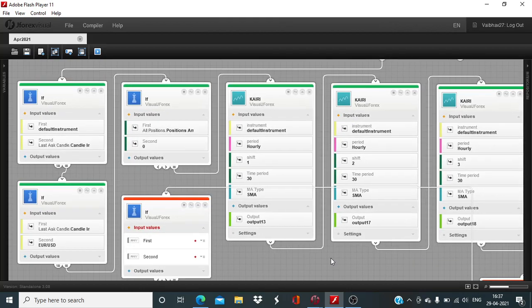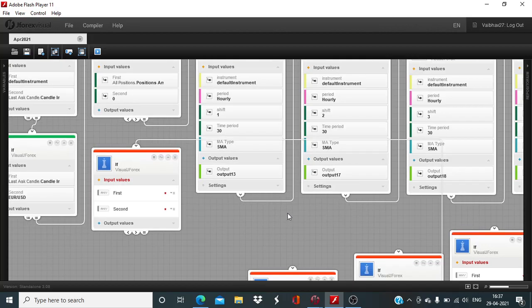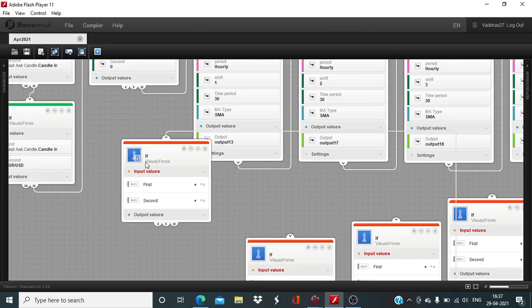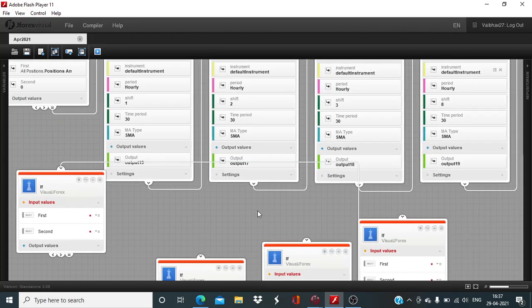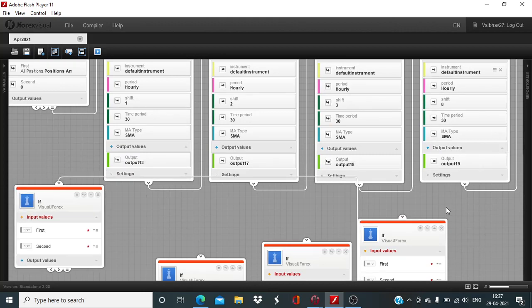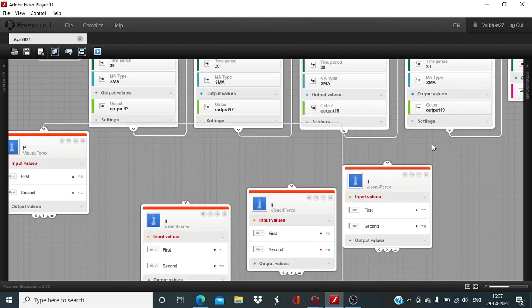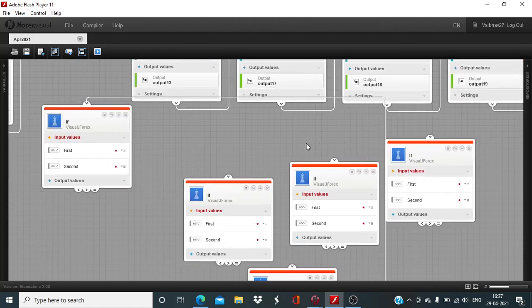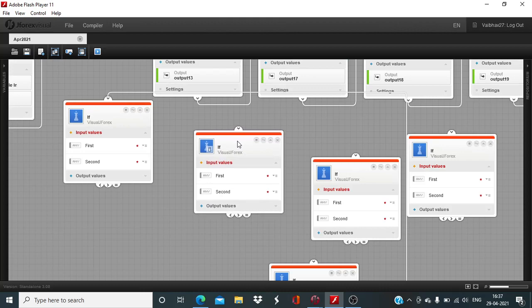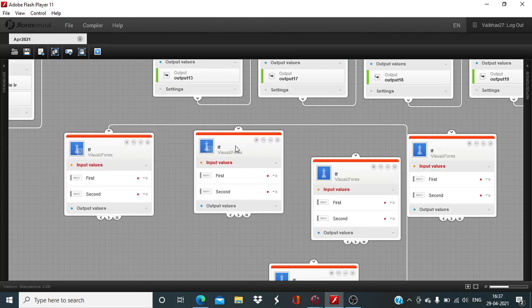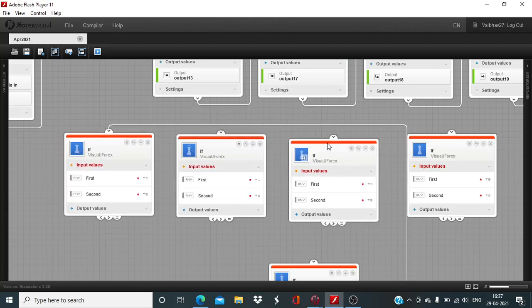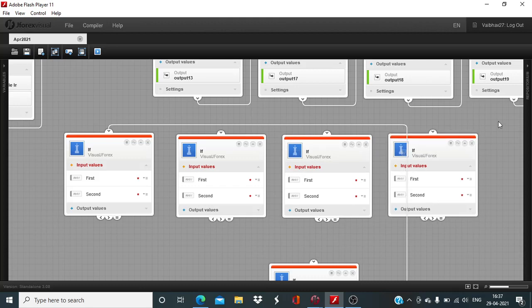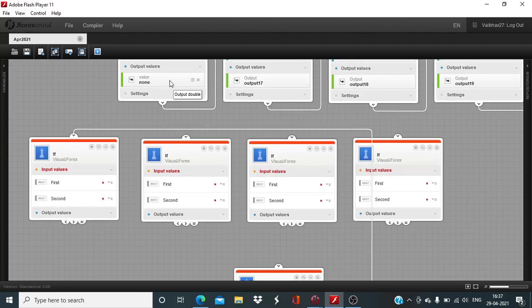We want these Kairi relative index values to be in the negative territory, and all these values starting from output 13 to output 19, all these values need to be negative. So we will make sure that is the case by getting these values and drawing the comparison.